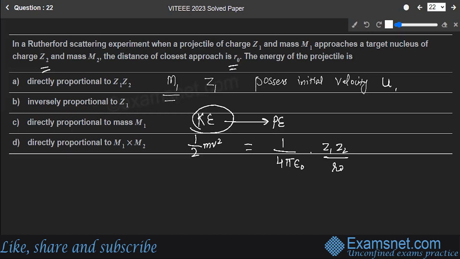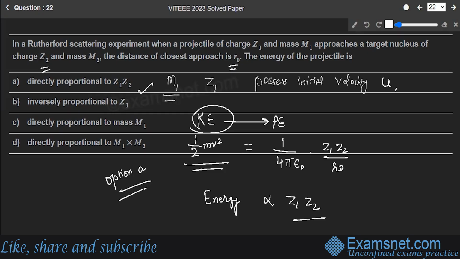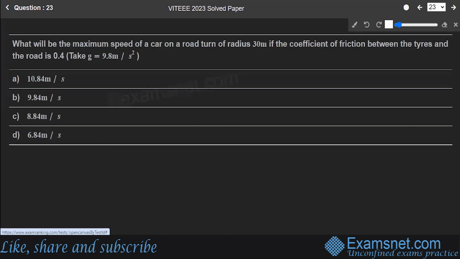So what you have to find out is the energy of the projectile. This energy of the projectile is directly proportional to Z1 and Z2 product. That makes A option as the right answer. Hope you understood this. Let's move to the next question, number 23.